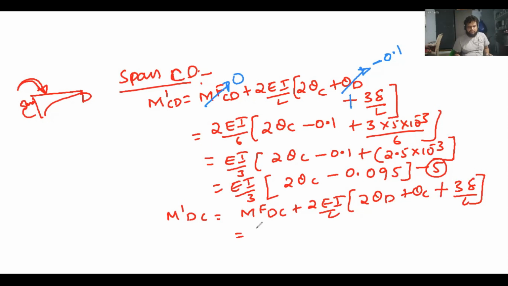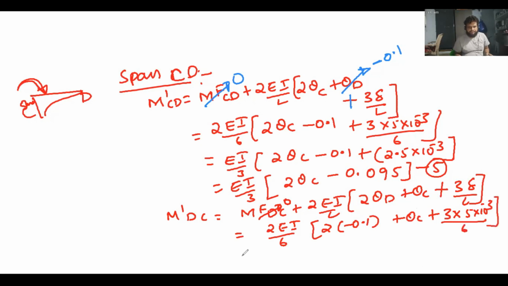Now this will become 0, 2EI by 6, correct, into 2 into minus 0.1 plus theta C plus 3 into delta, which is 5 into 10 to the power of minus 3 divided by 6. So this will be equal to 1 by 400 minus 0.2.